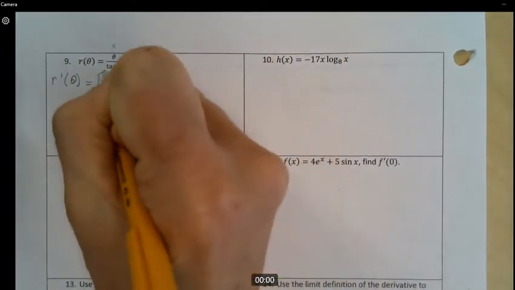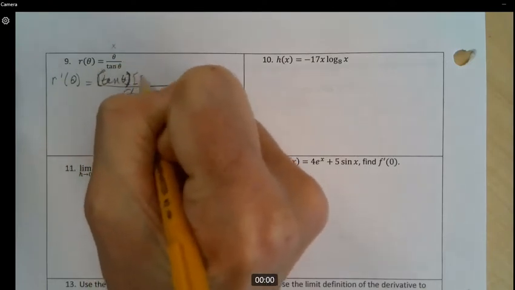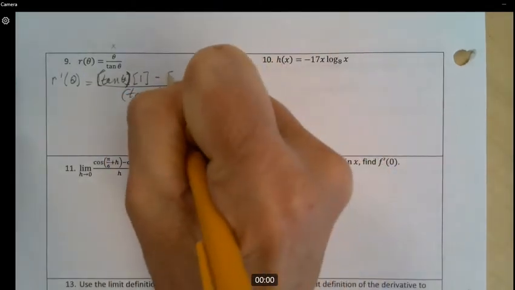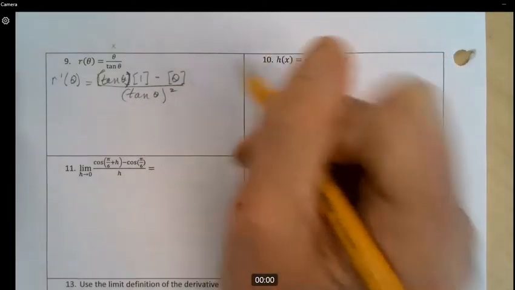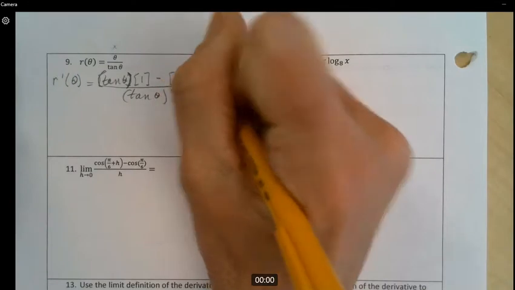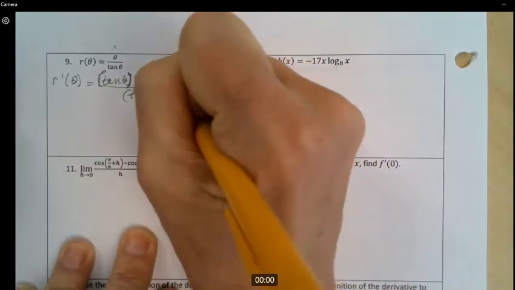Low and then d high minus high d low, the derivative of the tangent.